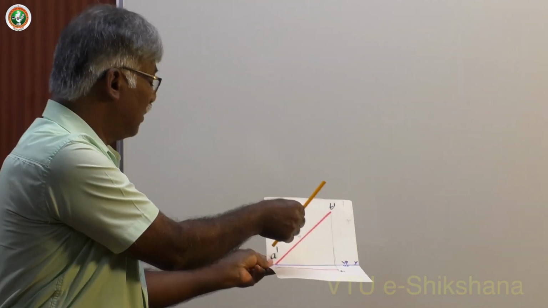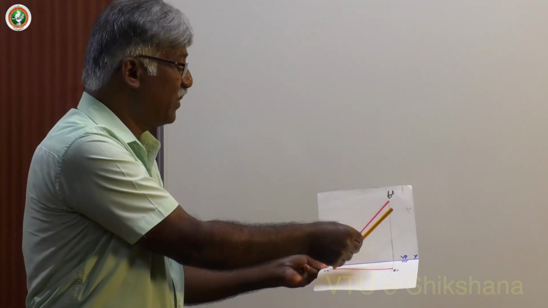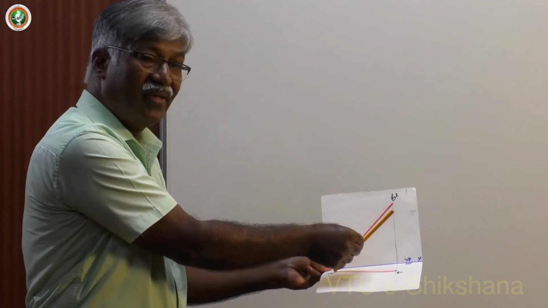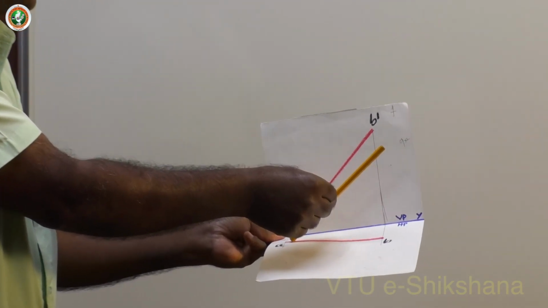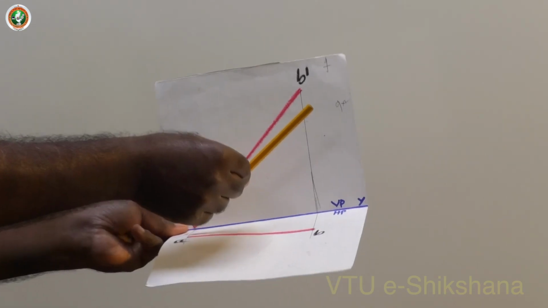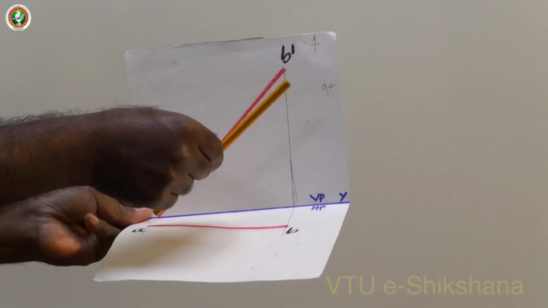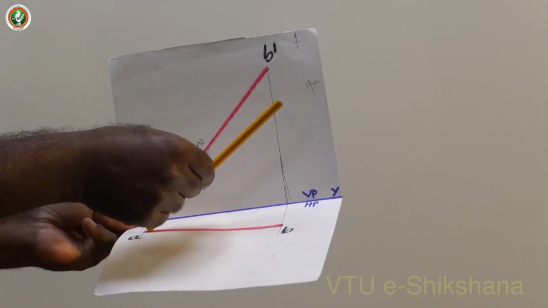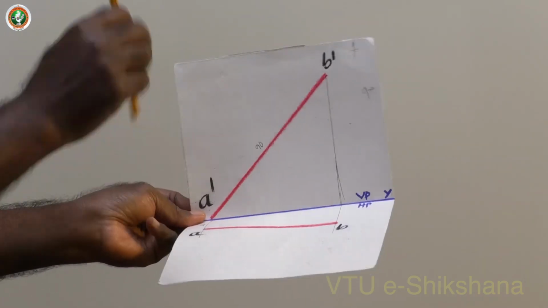Next comes the line touching HP, inclined to HP and parallel to VP. So this is what the top view is, apparent length, and the line itself is 20 mm in front of VP, say the projected length is true length and top view is apparent length.